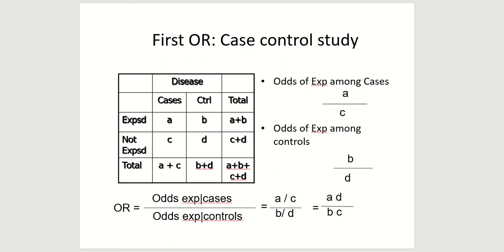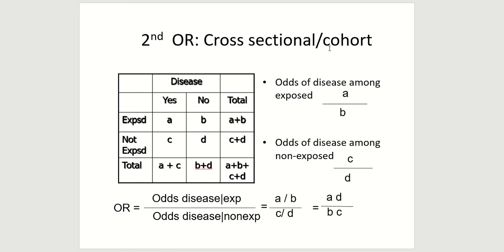And that's the dangerous thing about the odds ratio, that you get the exact same formula regardless of the design that you're working with. That's why it's dangerous for people to do the interpretation if they don't know what design they're using, whether a cross-sectional design or a cohort design. You can calculate the odds of the disease on exposure and the disease on non-exposure, and you get the exact same formula. You've seen this before. This is just to show you again that the formula is the exact same one.